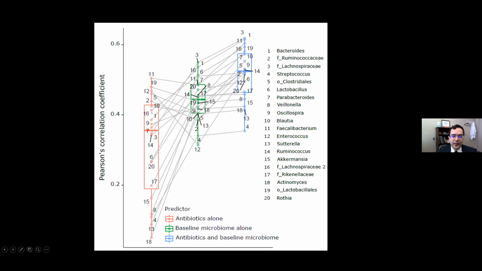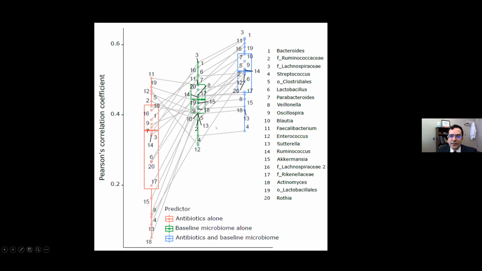Interestingly, the antibiotic history of each sample is not a major determinant of that sample's microbiome. Quite striking. In contrast, the baseline microbiome for that patient is a much more significant predictor of subsequent samples from that patient. And of course, when you combine them both, you get a stronger model, with predictions of something like even 60 to 62% accuracy in predicting the top 20 genera across all samples.